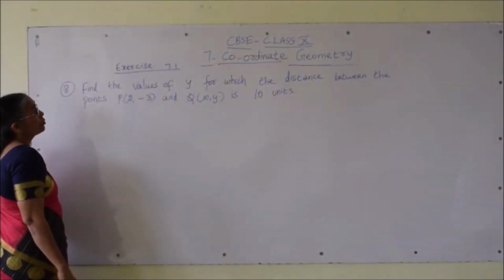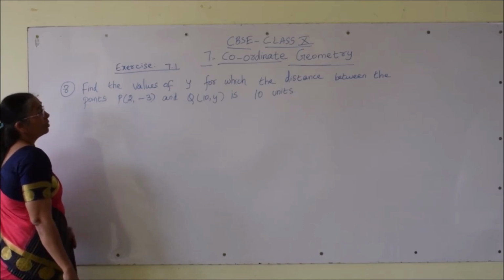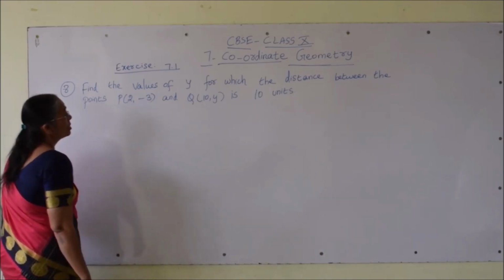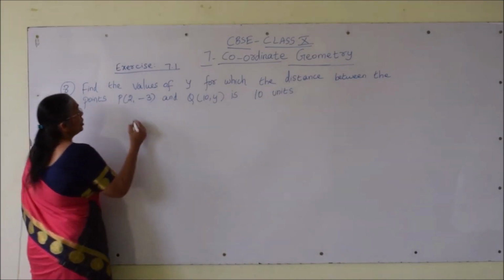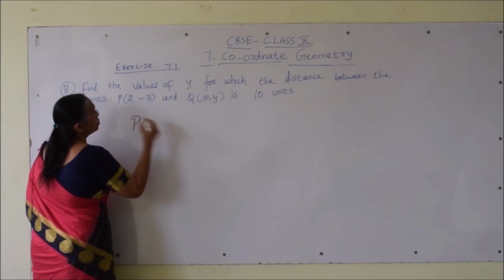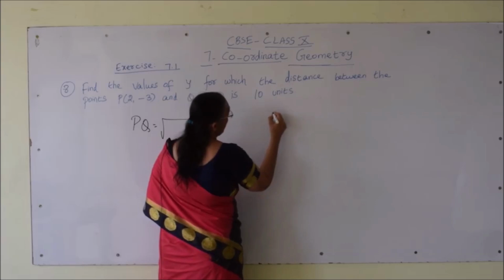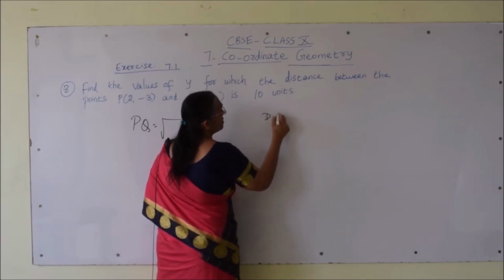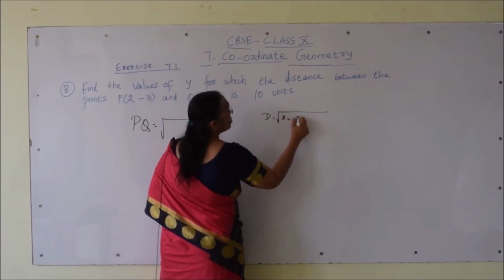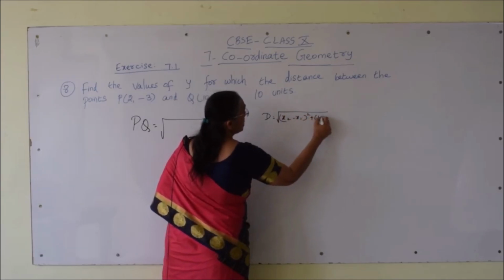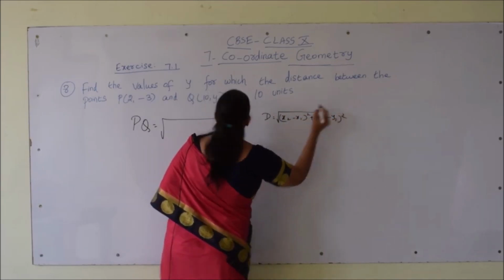Eighth problem, find the values of y for which the distance between the points is 10 units. So, the distance between the points PQ is given by the formula: distance between the points (x1, y1) and (x2, y2) is root over (x2 minus x1) whole square plus (y2 minus y1) whole square.